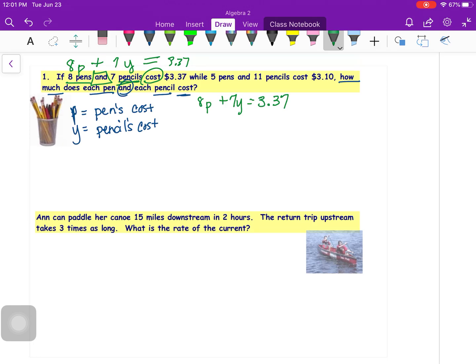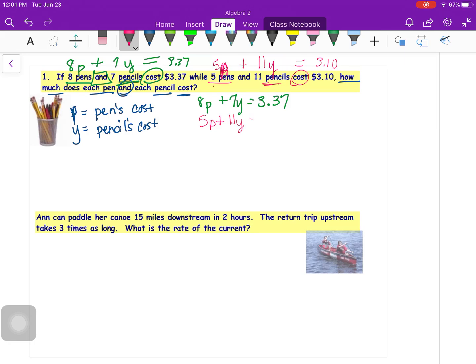Now I'm going to do the same with the second sentence. And I see 5 pens, so that is 5P plus 11 pencils is Y. Cost is my verb, 3.10.